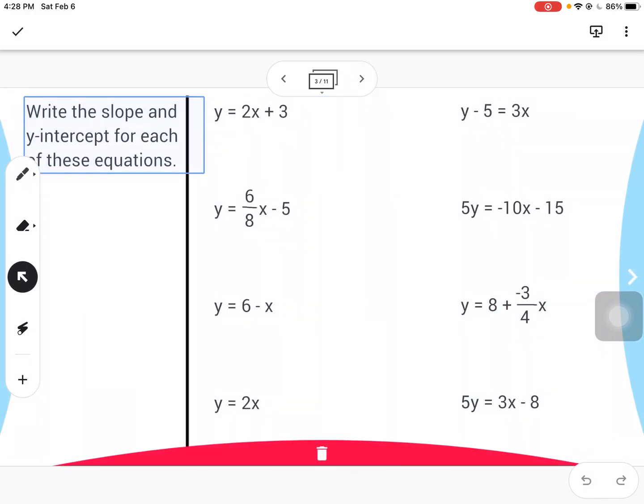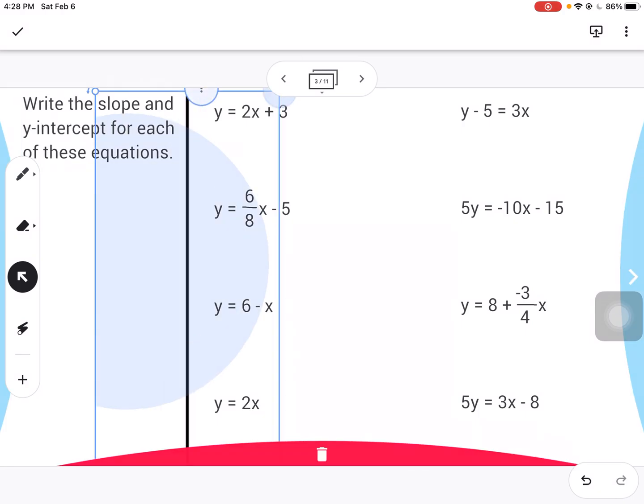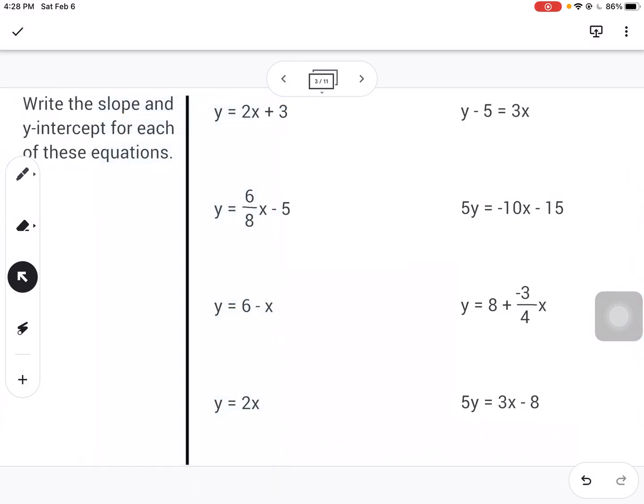Next, I'm going to have you write these examples in your notebook, and I want you to pause the video and try to write the slope and y-intercept for each of these equations.